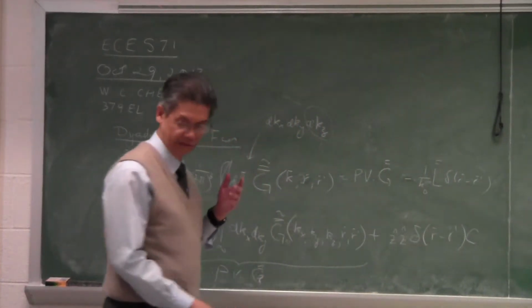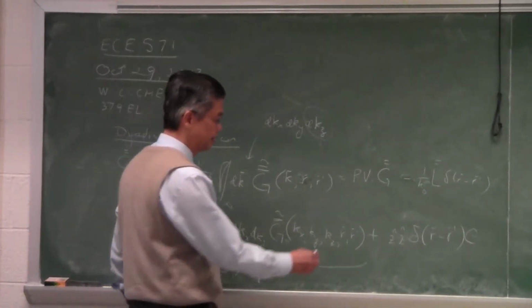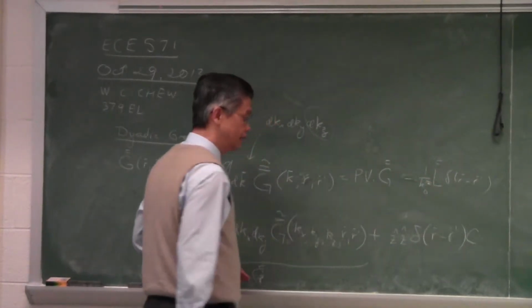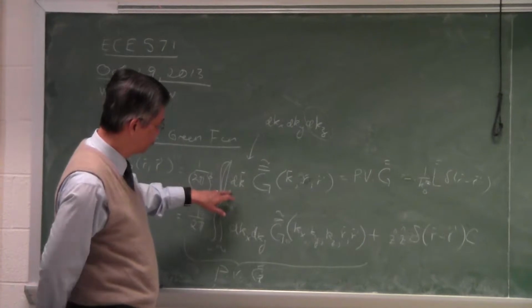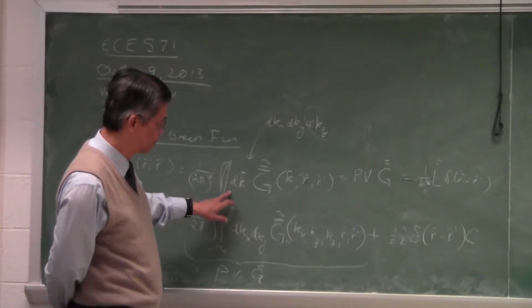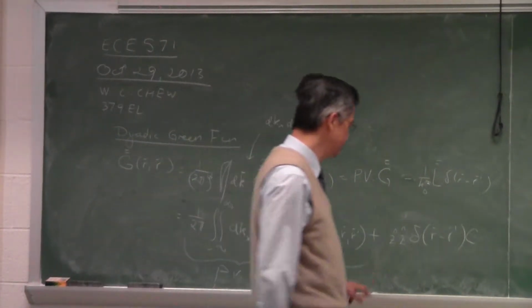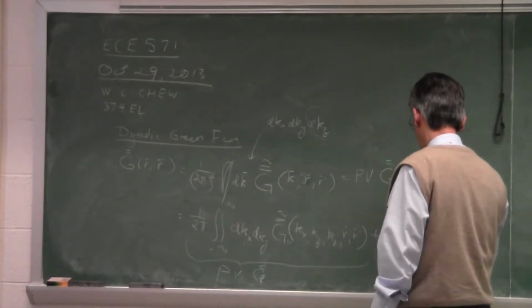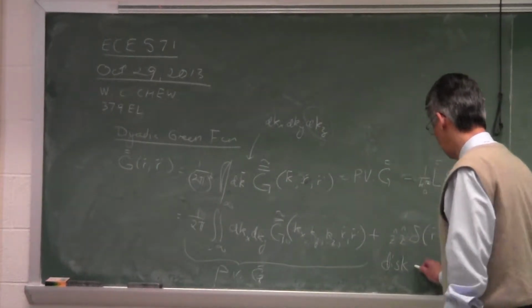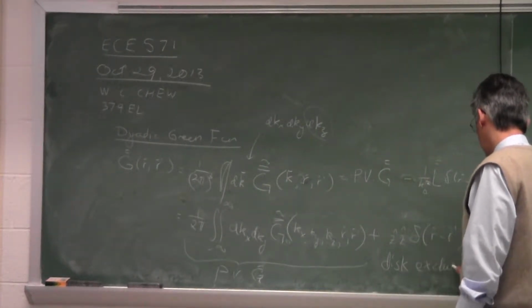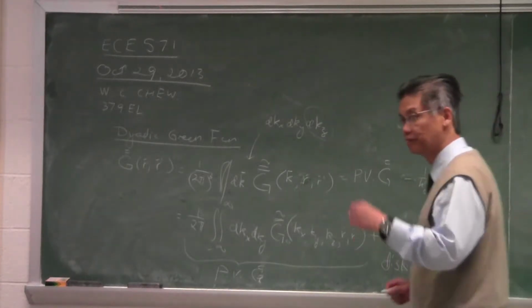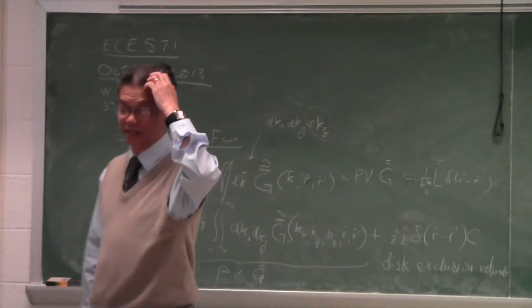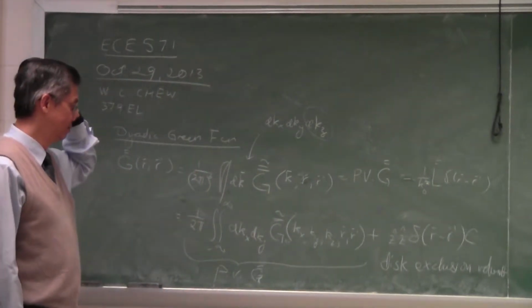So we say the dyadic Green's function always looks something like that, and you're asked to show this part. This means that if you want to perform the dk_z integration first, it's equivalent to using a disk-shaped exclusion volume. It's equivalent to showing that. It's essentially what I want you to do.